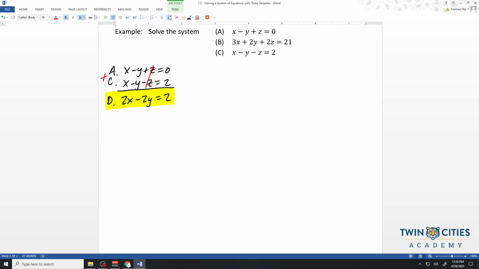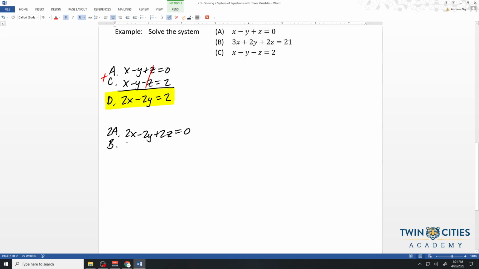Okay, let's eliminate z again using a different combination. We can do A and B. So if I were to eliminate z using A and B, I'd multiply A by 2. So let's do 2A here and then B. 2A is going to be 2x minus 2y plus 2z is equal to 0.